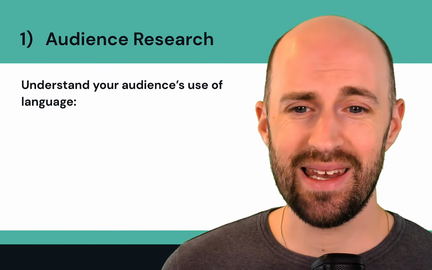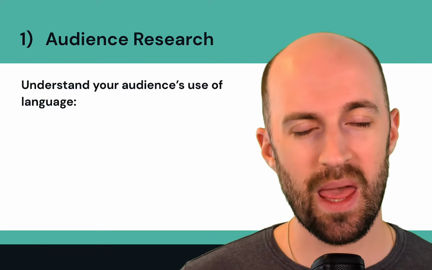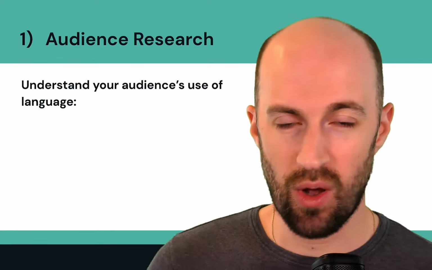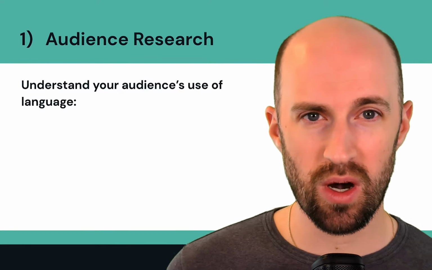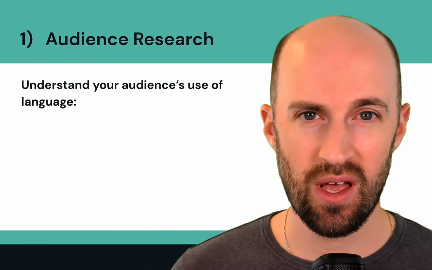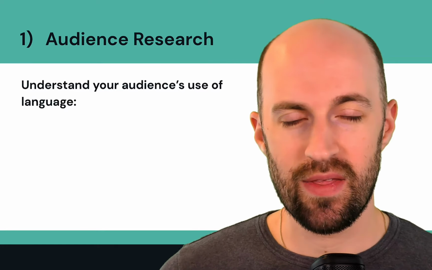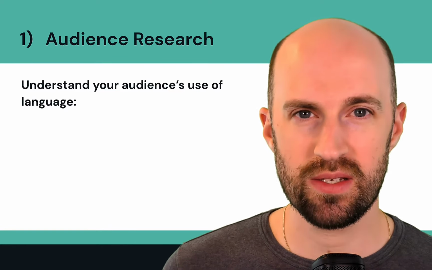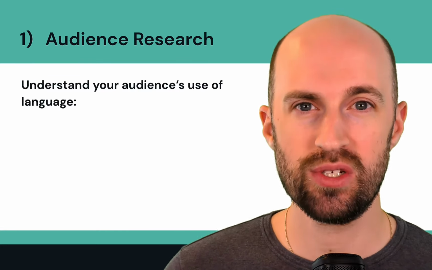So understand your audience's use of language. This is very important because SEO all starts with a keyword phrase. So basically a word or a combination of words in the search engine that is basically sharing their mental process, or their intent, of what they want to find through the search engine.